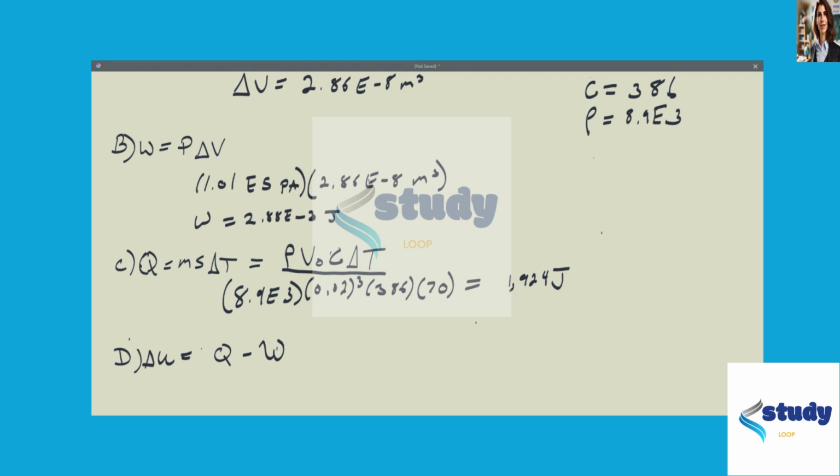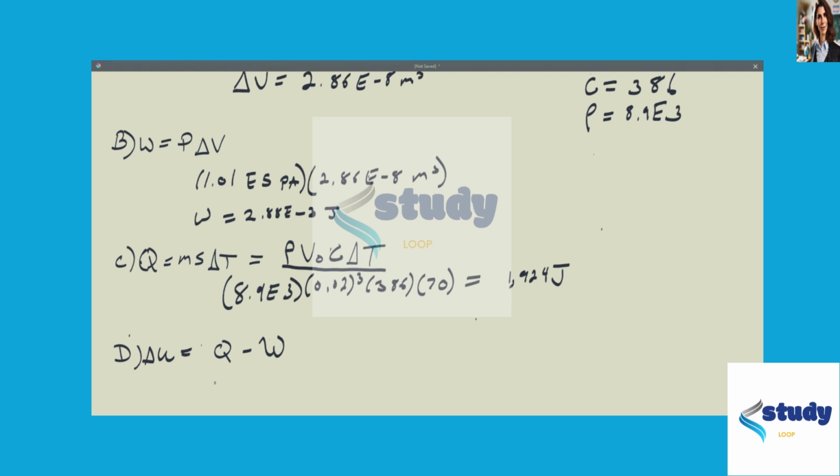Heat, work, those are units of energy. Anyway, so we have 1924 minus the work we calculated at 2.88 times 10 to the negative 3. And that gives us, when rounded, the same number, 1924 joules.